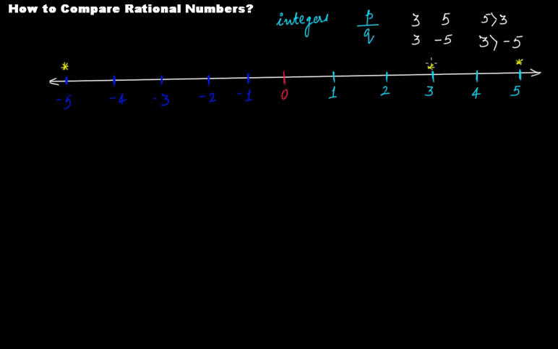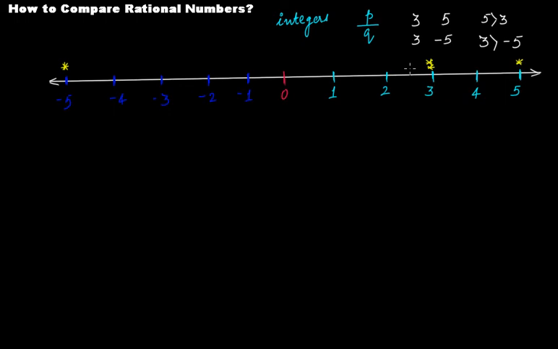And your 3 is here. Of course, 3 is greater than minus 5 because we are comparing a positive number and a negative number. So again, the greater number is towards the right, right? This minus 5 is towards the left and this is towards the right. So greater value will always be towards the right on a number line.